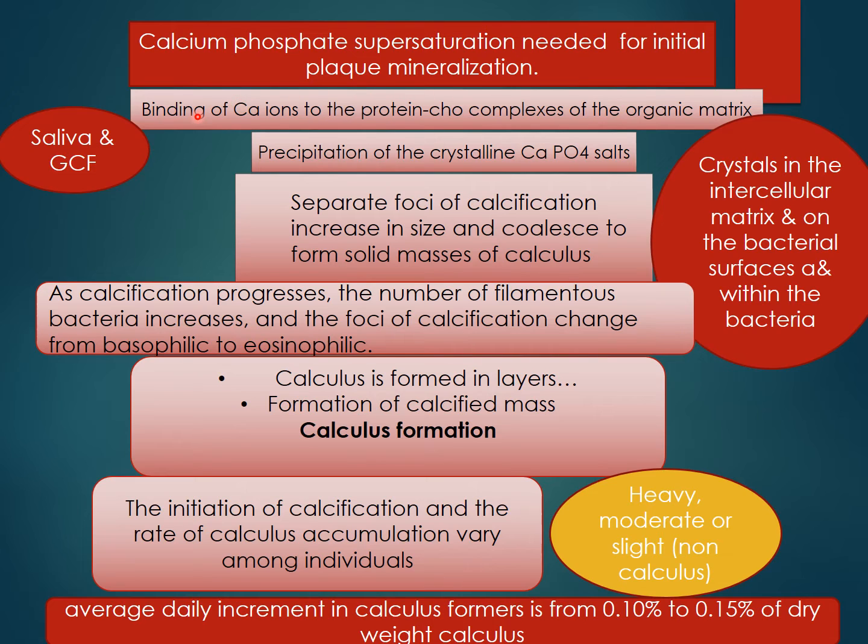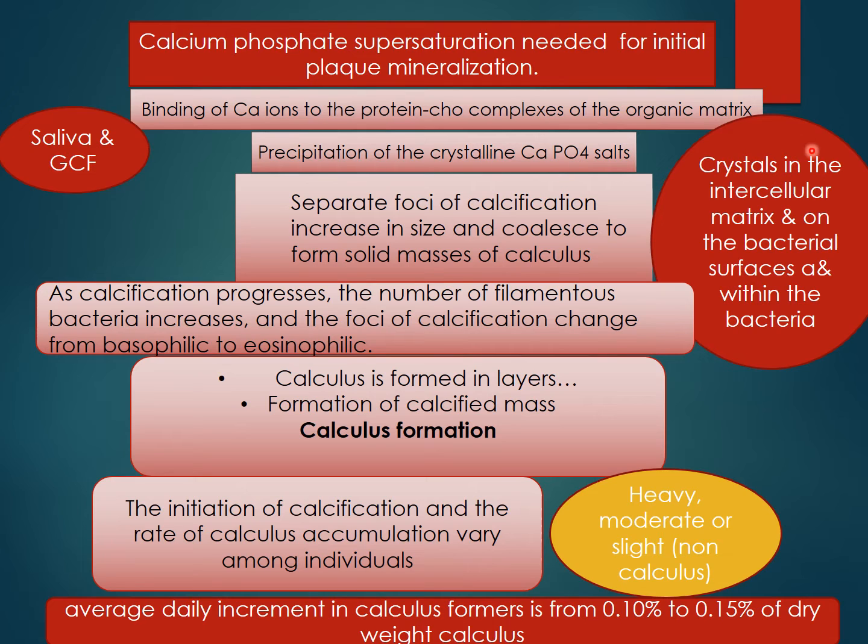For that, calcium and phosphorus will be taken from saliva and GCF. From saliva, it will be taken by chelation and binding of calcium ions to the complexes, that is the protein carbohydrate complexes, protein polysaccharide complexes of the organic matrix, and this will lead to precipitation of the crystalline calcium phosphate salts.